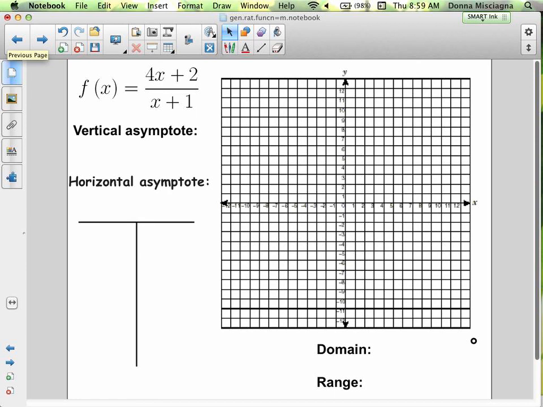All right, so let's do the vertical asymptote. Blue 2. X equals negative 1. So make sure it's x equals, right, because it's a vertical line. The horizontal asymptote.